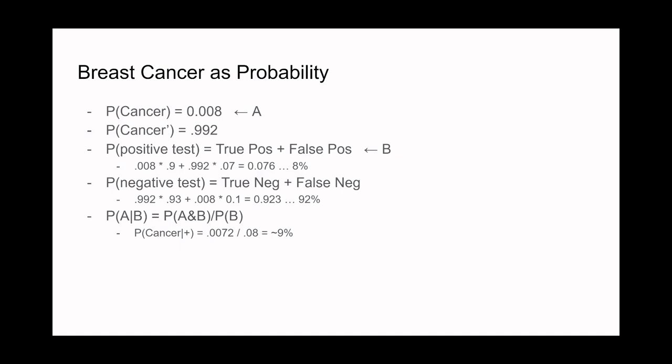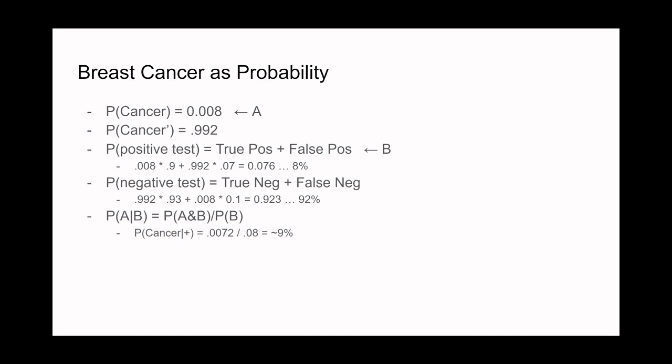But remember, the test was only going to support 90% accuracy there, or sensitivity there. And that means there's another 10% that it's going to get wrong. So 0.008 was the prevalence of the disease, and that 0.1 is going to denote what number in that group will still test negative even if they have the disease. So when we add those up, it gives you roughly 92%.